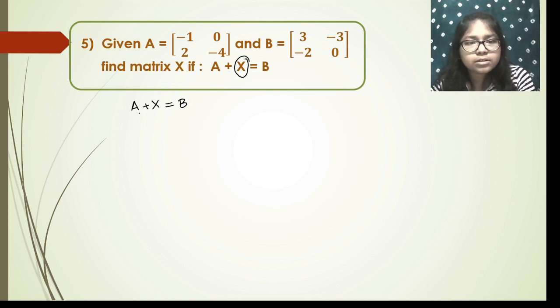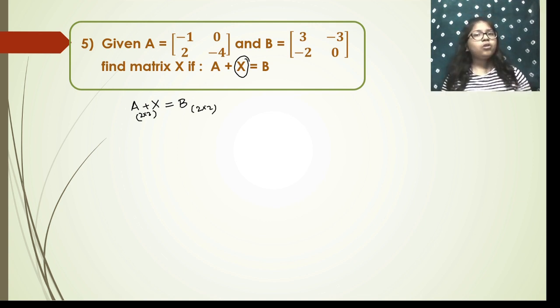So A is a 2 by 2 matrix, B is also a 2 by 2 matrix. We can add or subtract matrices only of the same orders. So X should also be a 2 by 2 matrix.